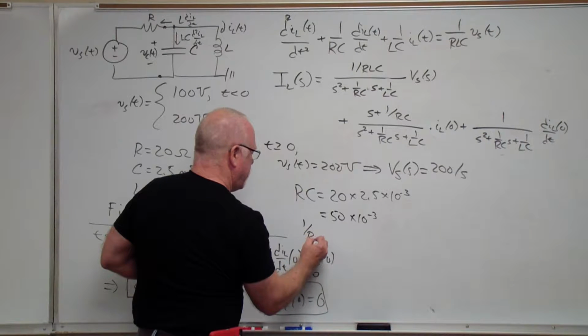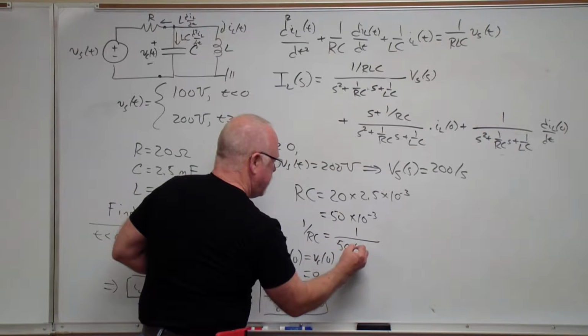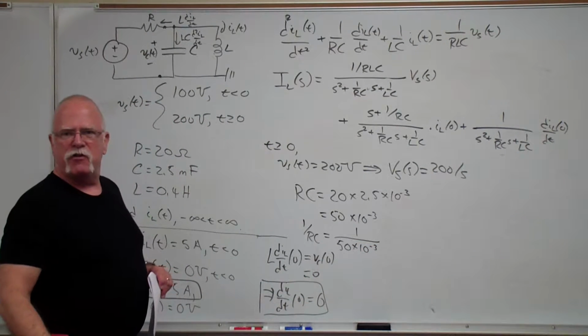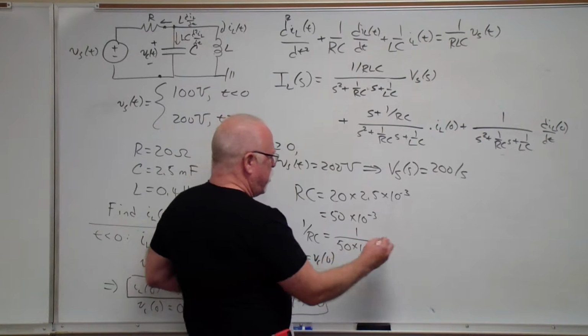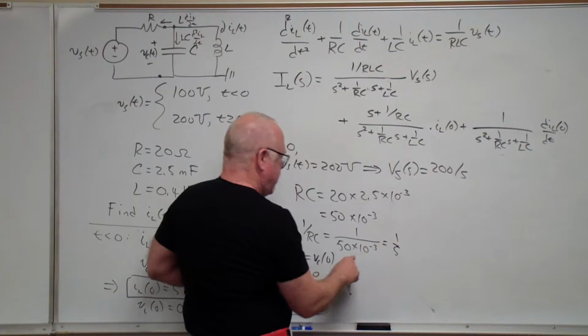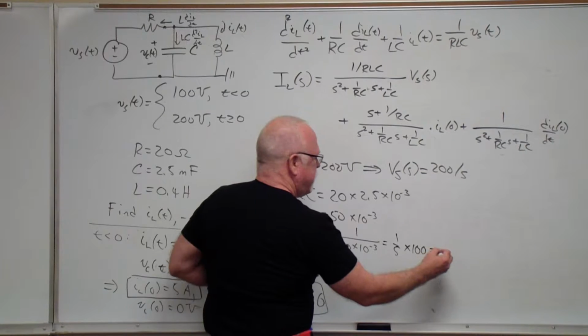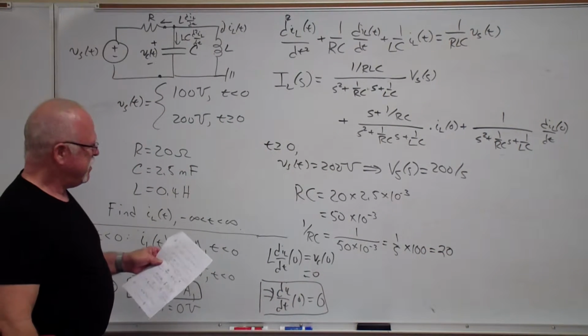So 1 over RC, and I know y'all don't like this, but this is old school thinking about how you shove numbers around and figure out what they are without using a calculator. Again, I make this smaller and I get 1/5. That means I make this bigger, which would be times 10 to the minus 2. So 1/5 times 100, and 1/5 of 100 is 20. I know y'all hate that.